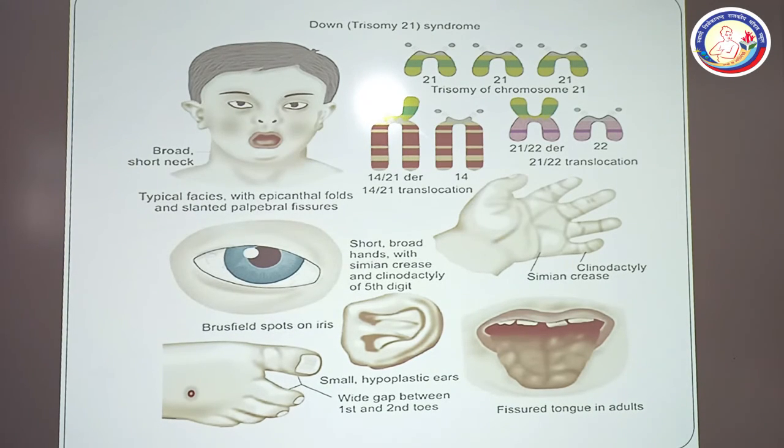You can see some characters here: partially open mouth, broad short neck, short broad hand with simian crease and clinodactyly of the fifth digit. Similarly, small hypoplastic ears, a wide gap between first and second toes, and a fissured tongue in adults.